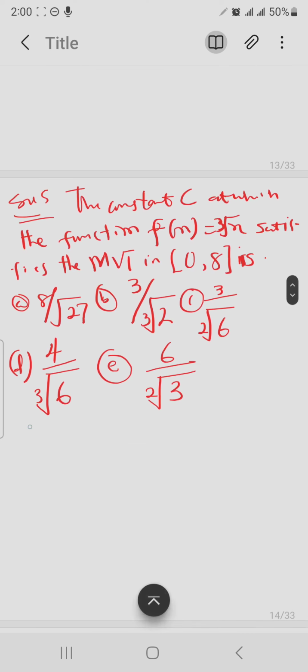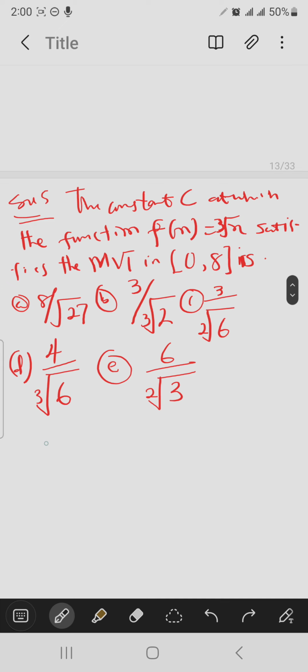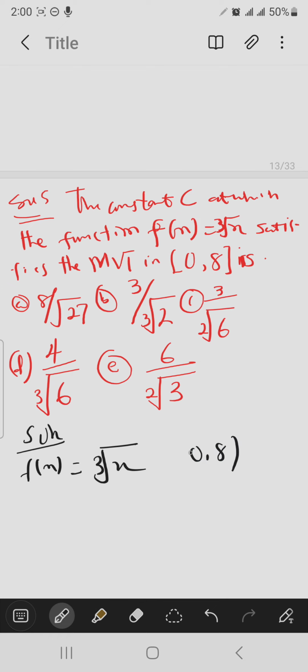So the next question I want to do, the question states that the constant c at which the function f of x equals cube root of x satisfies the mean value theorem in the interval 0 to 8. They now say that you should find that constant c.